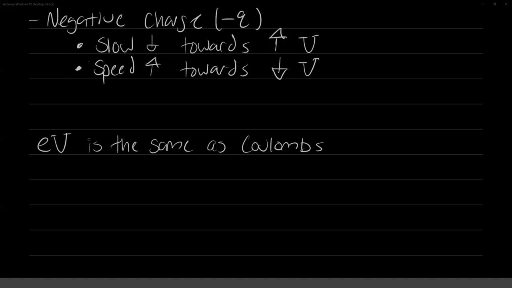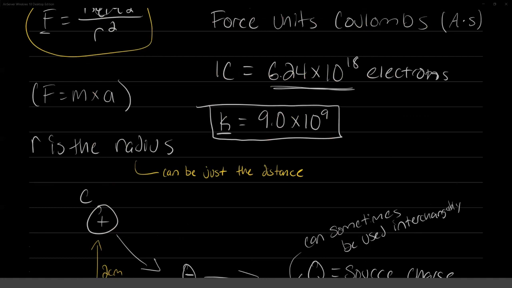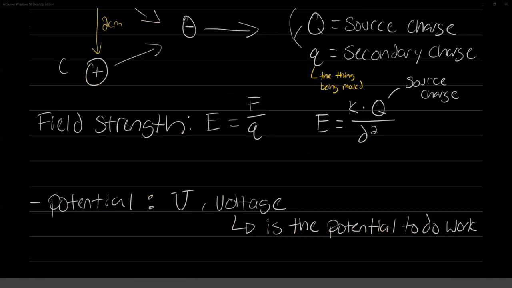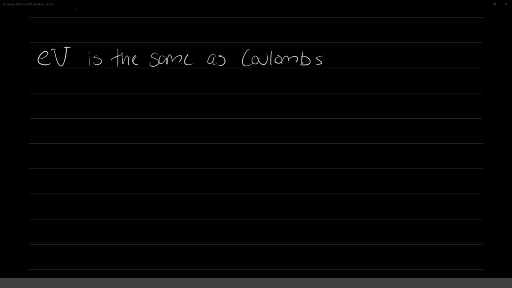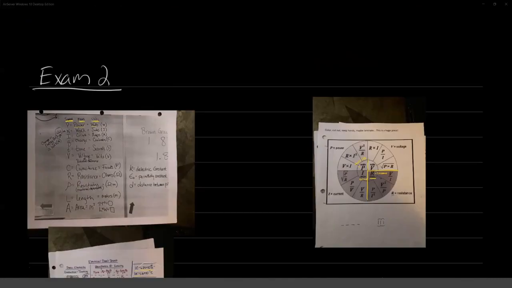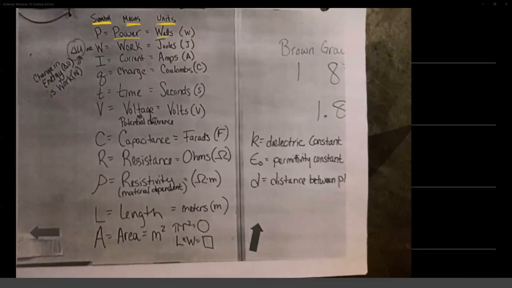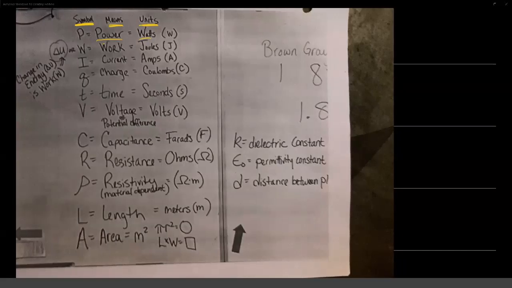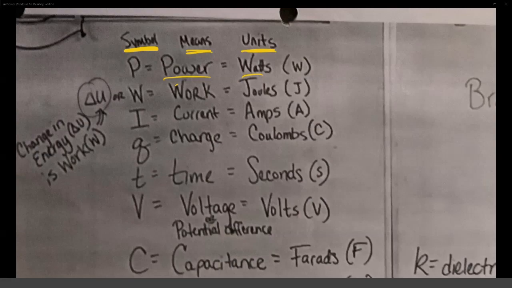So coulombs kind of has a similar equation to our Ohm's law equation, but to find energy, right? So we go back up here. U, does she have U on here? Yes. It's kind of the same thing as work. It's in joules. So energy, right?